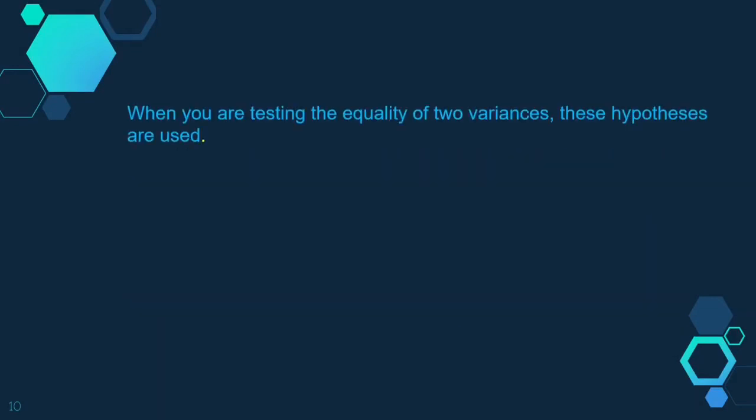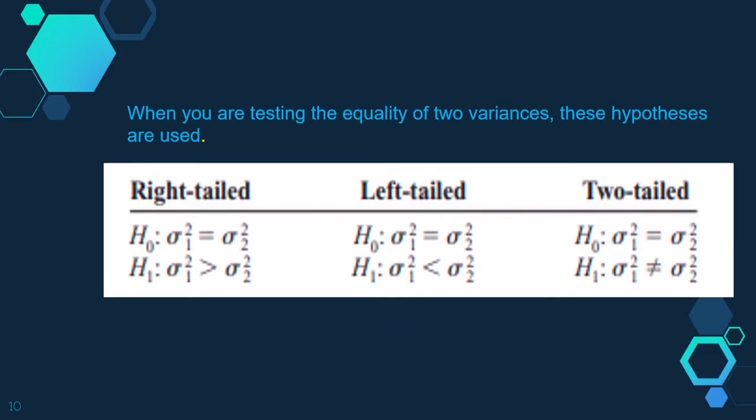When you are testing the equality of two variances, these hypotheses are used. First is right-tailed, wherein the null hypothesis is sigma squared sub 1 is equal to sigma squared sub 2, and the alternative hypothesis is sigma squared sub 1 is greater than sigma squared sub 2. The left-tailed has the null hypothesis sigma squared sub 1 is equal to sigma squared sub 2, and the alternative hypothesis is sigma squared sub 1 is less than sigma squared sub 2.